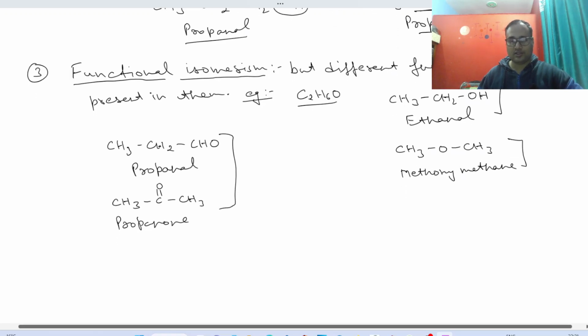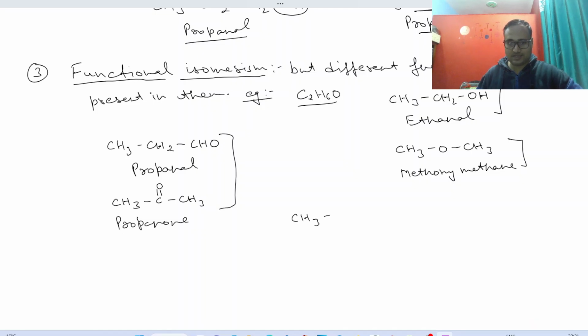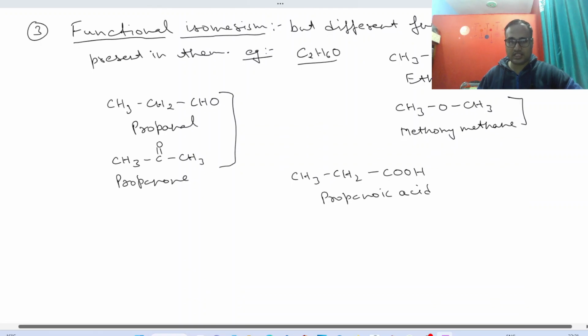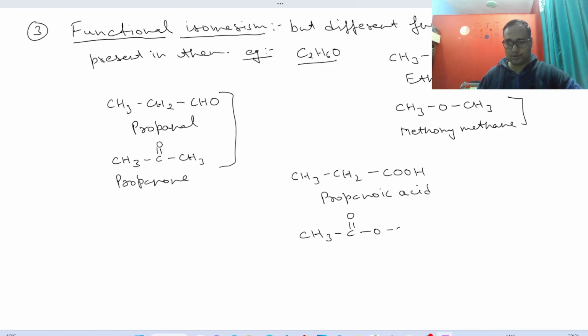Fine. One more example that is coming to my mind is CH3CH2COOH. We can write it as propanoic acid. And the functional isomer of this molecule is CH3 C double bond O, and then one more CH3.